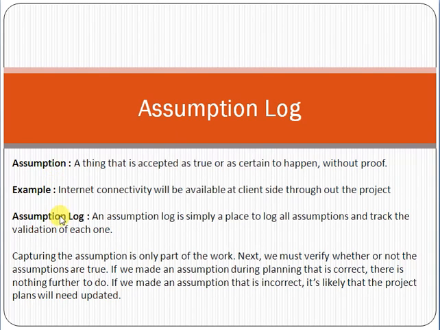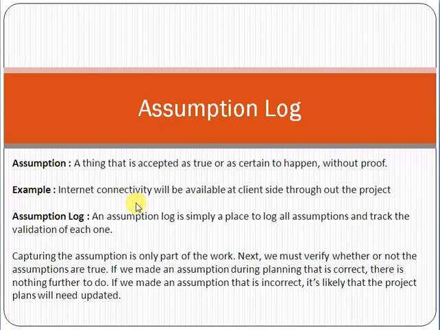Now coming towards the main topic, the assumption log. Assumption log is simply a place to log all assumptions and track the validation of each one. Try to understand that it's a document in which we put all the assumptions, and then we follow up on these assumptions.